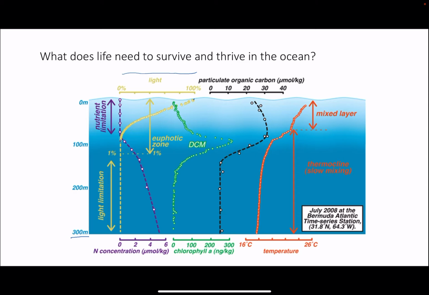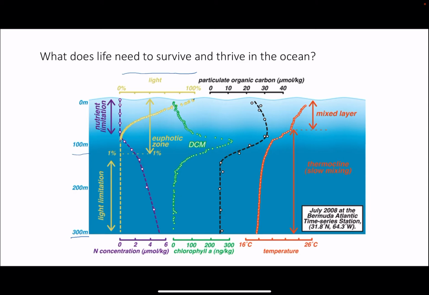So photosynthesis, which by definition, the photo in photosynthesis refers to light, is restricted to the upper part of the ocean where there's light available. So we've gone from 300 meters to now already just below 100 meters on average, where below this 100 meters you're limited by light. And you can see in yellow there it says light limitation.